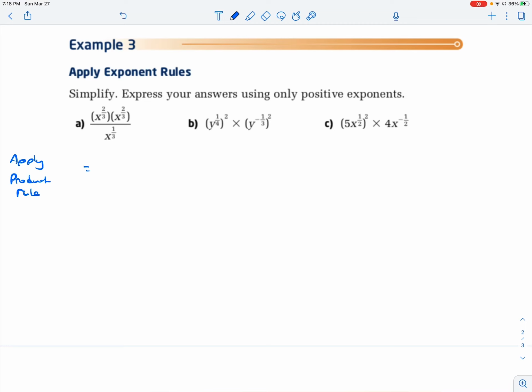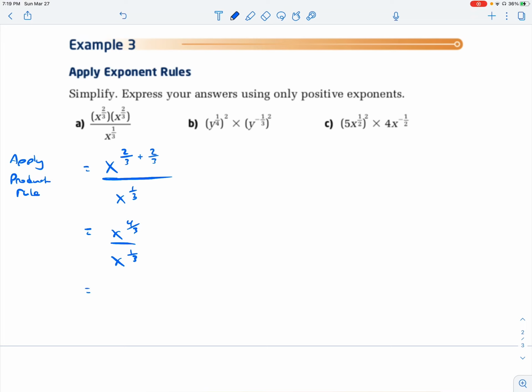We're going to add the exponents, so 2/3 plus 2/3, and that's all divided by x to the exponent 1/3. 2/3 plus 2/3 is 4/3 on the numerator, and in the denominator we have 1/3.